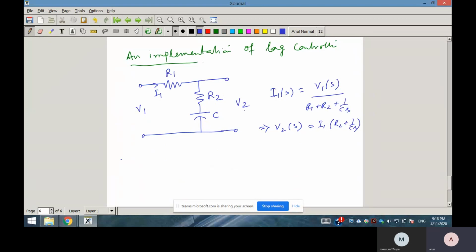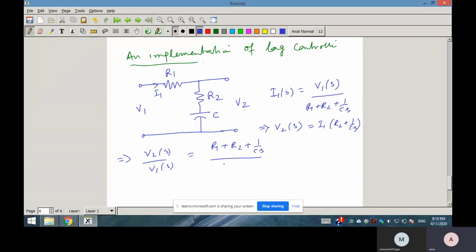So this implies V2S by V1S equals R2 plus 1 by CS divided by R1 plus R2 plus 1 by CS.